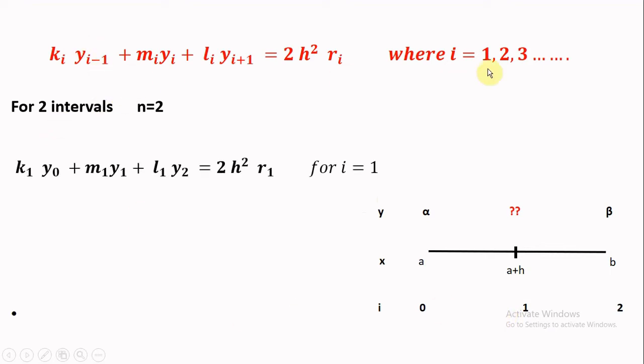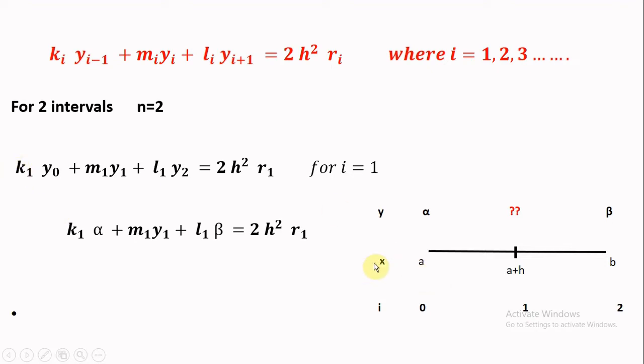So if we take I as 1 in this particular equation, then this equation will reduce to this. So k1 y0 from here, then m1 y1 and then l1 y2 will be equal to 2h square r1 for this interval when n is equal to 2.